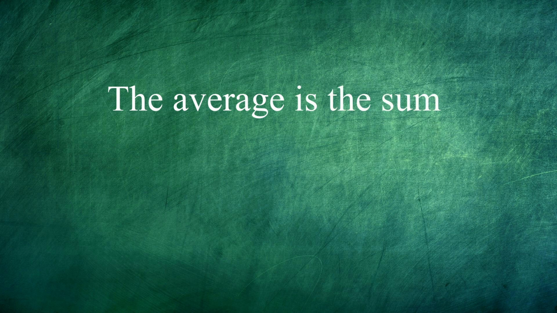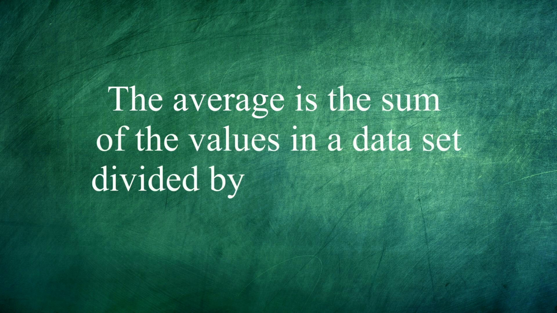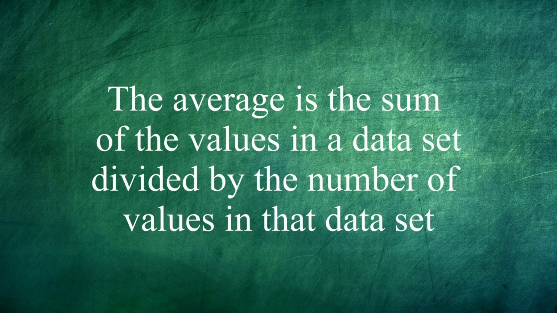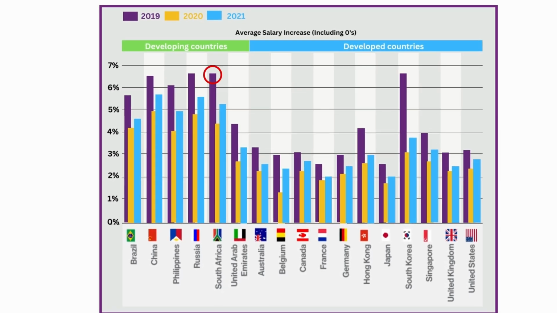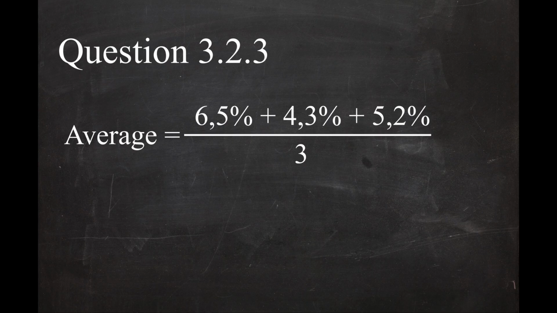The average is the sum of the values in a dataset divided by the number of values in that dataset. So the average change in the percentage of salaries is 6.5 plus 4.3 plus 5.2 divided by 3 years. This will give you an average of 5.3%.